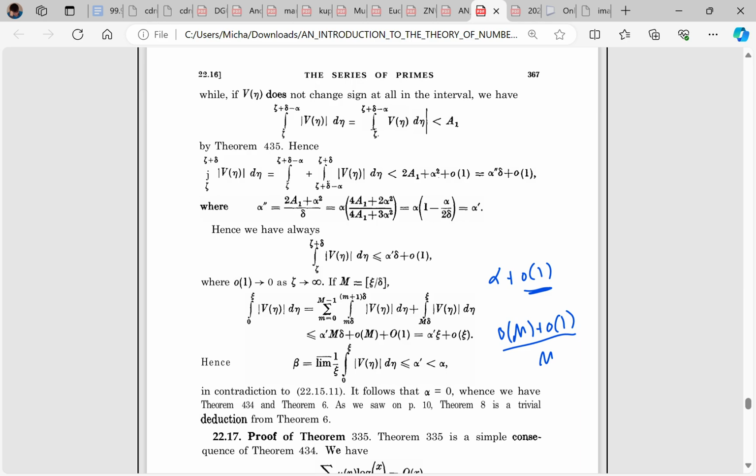I guess in the next step, when you divide by xc, these all go to 0 anyway.